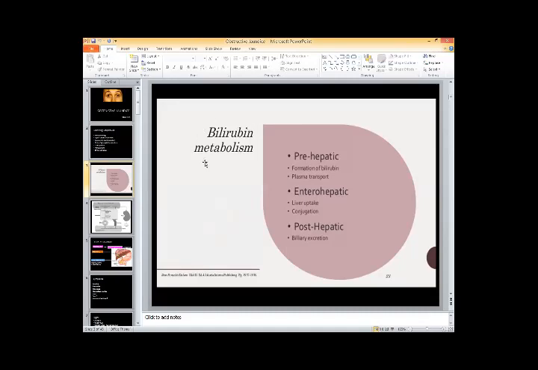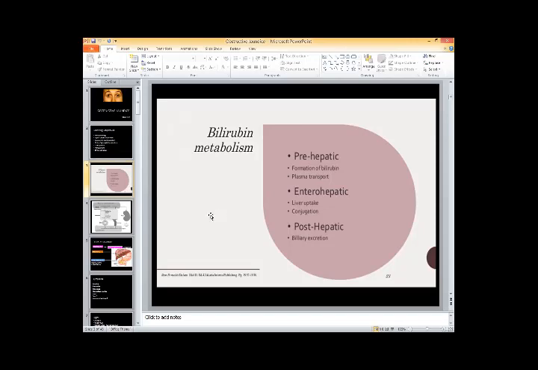So if there is increased bilirubin in the blood, it will show up as a yellow color in the skin, sclera and conjunctiva, and that is the clinical appearance of jaundice. So you're all aware of jaundice. The cause is hyperbilirubinemia, increased bilirubin concentration in the blood.